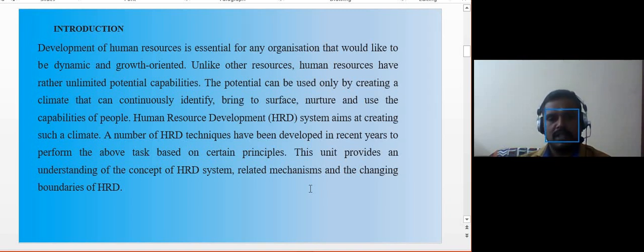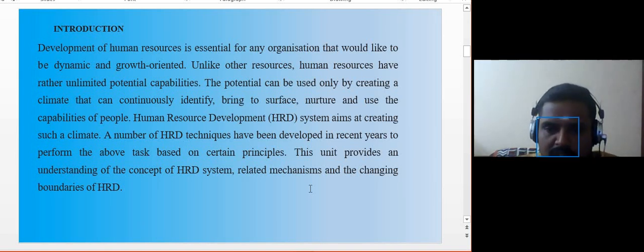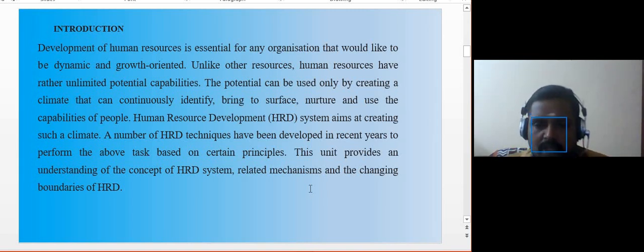There is no doubt in that. So in human resource development, we are creating a system. That system will safeguard the career development of a particular employee as well as the organizational development of a particular organization. The career development of an employee has a direct impact on organizational development. There is no doubt in that.